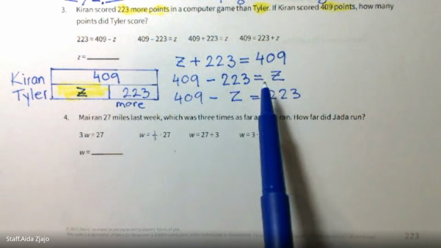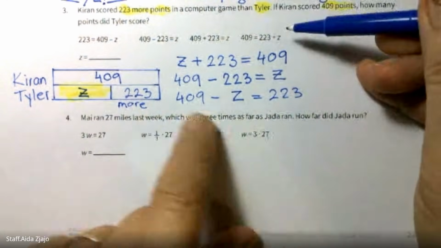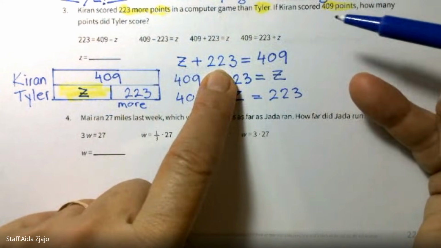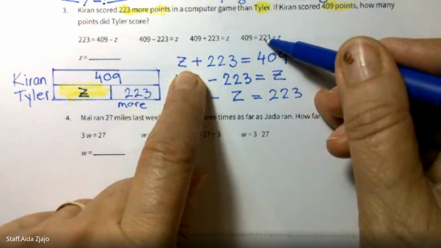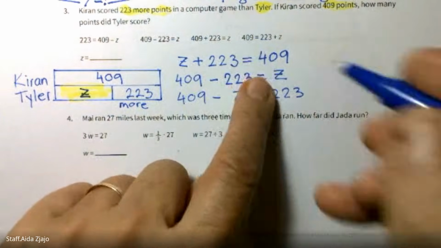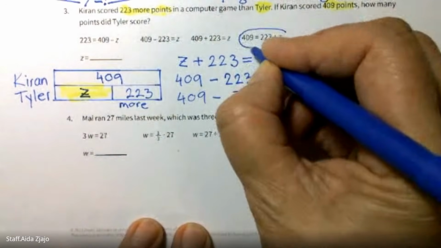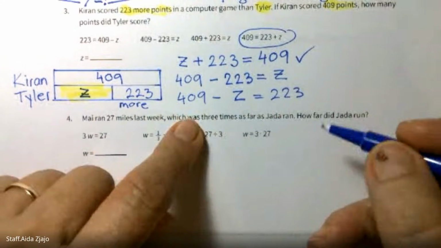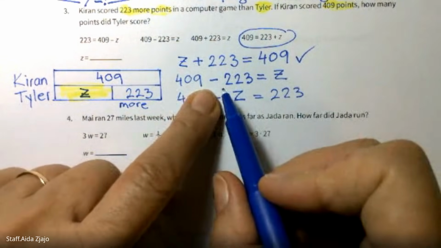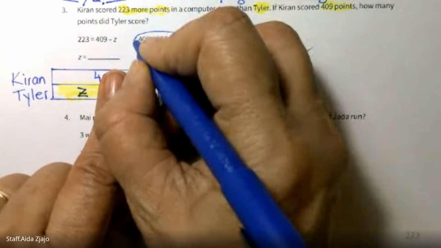So that is Z plus 223 equals 409. Okay, this one, 223 plus Z equals 409, is the same. This is the commutative property, because this is the same as that. 409 minus 223 is Z, and that's this one.